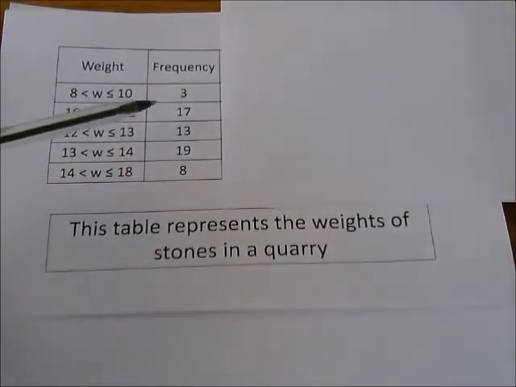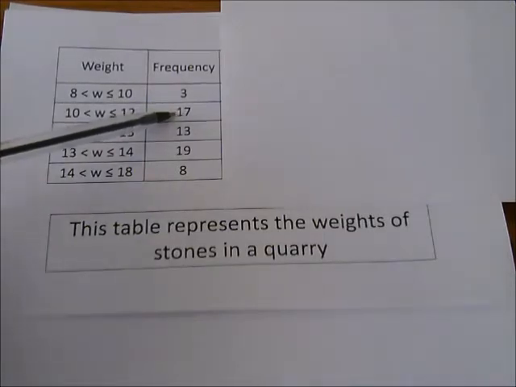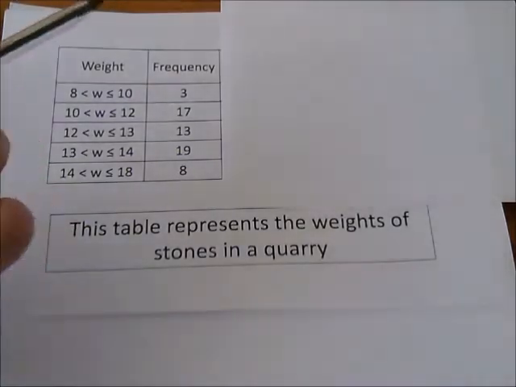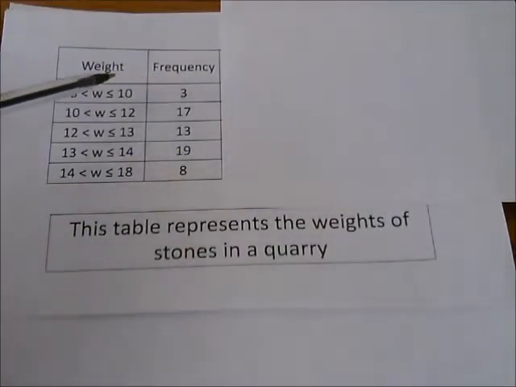We can also see that there are 17 stones in the next category, so 17 stones which weigh between 10 and 12 kilograms. 13 of the stones weigh between 12 and 13 kilograms, etc. So this kind of data is called grouped data, and it's because the stones have been sorted into 5 separate groups.